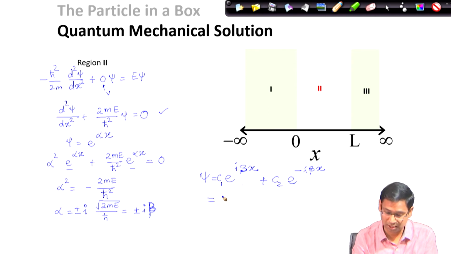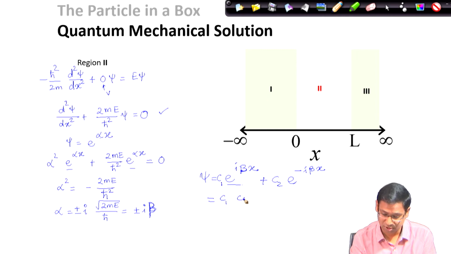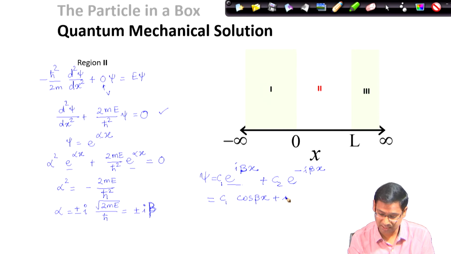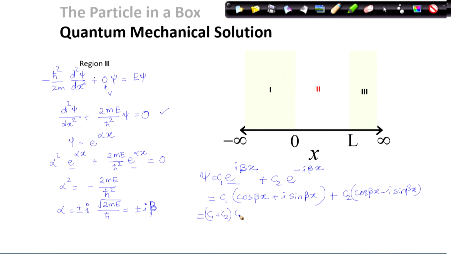I would just do a few simple steps of algebra. I will express this exponential function in terms of cosine and sine functions. So, I have C 1 times cosine of beta x plus i sine of beta x, plus C 2 times cosine of beta x minus i sine beta x.